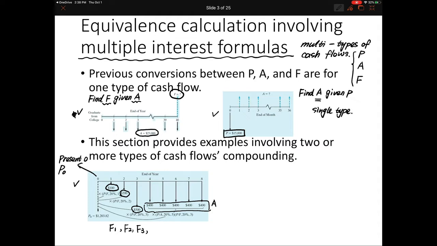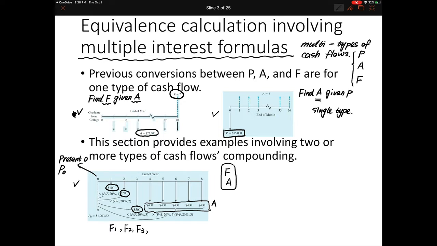Okay, so this is the second type of cash flow, which is annuity. So in this diagram, we have future value and we also have annuity. Okay, they are on the same diagram.